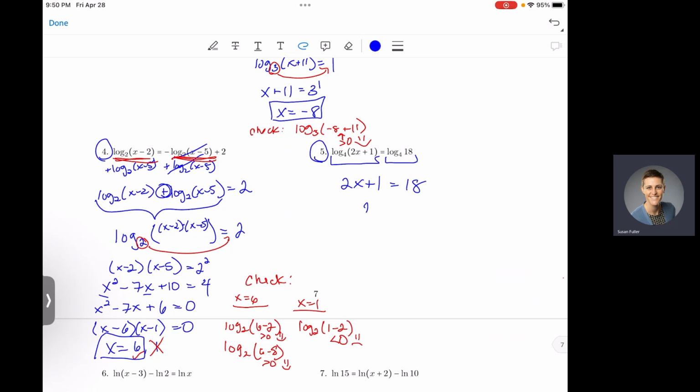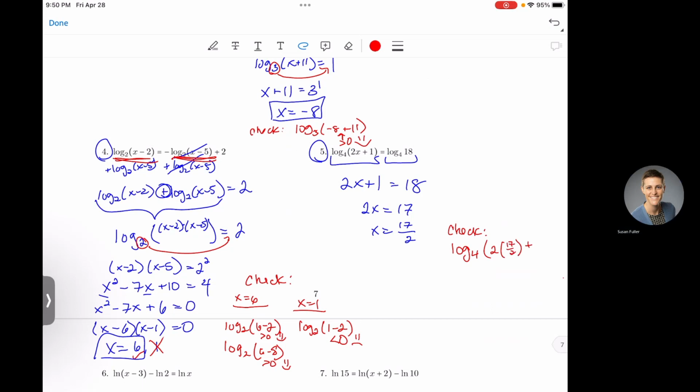So you'll subtract 1 from both sides. That means x equals 17 over 2. And don't forget to check it. We basically just have to make sure that when we plug 17 over 2 into our log, what we have inside is greater than 0.